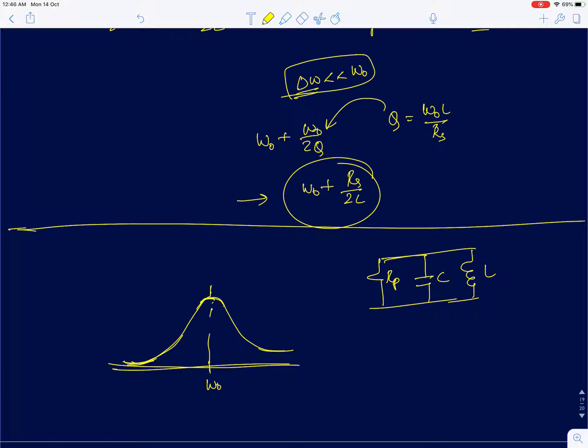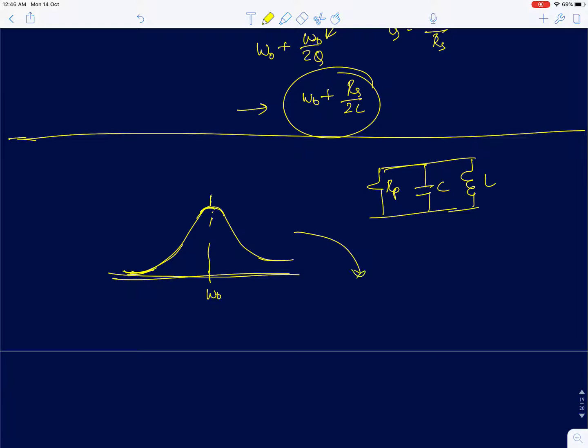The model for this at the resonant frequency and for frequencies very close to the resonant frequency, omega plus minus delta omega, is that this circuit will behave like a resistor and capacitor of value 2C in parallel.